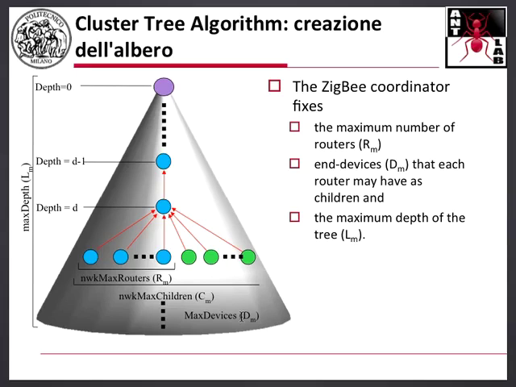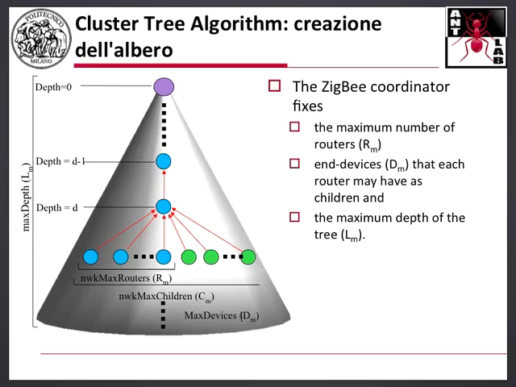Then the other parameter is the number of end devices, which is Dm. As the name says, this is the maximum number of devices for any layer of the tree which are actually end devices. And then you have the last parameter, which is Lm, the depth of the tree, so how many layers you have in your tree.